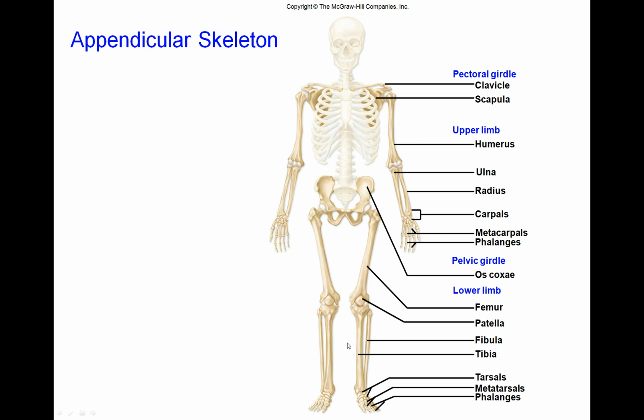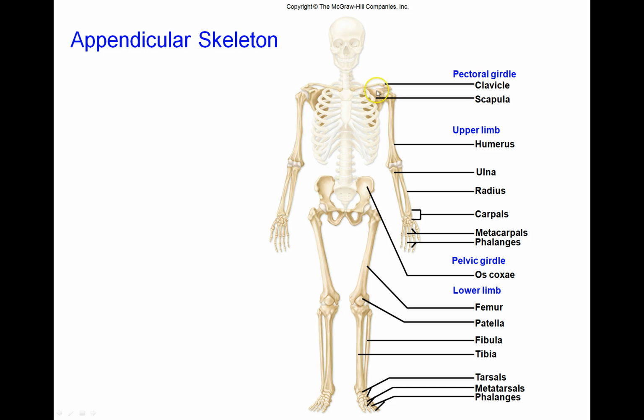Now let's look at the appendicular skeleton. Because of the amount of movement that occurs in the appendicular skeleton or the limbs, there are a higher number of bones within this region than in the axial skeleton. The pectoral girdle consists of the clavicle, also known as the collarbone in layperson's terms, and the scapula, also known as the shoulder blade in layperson terms.